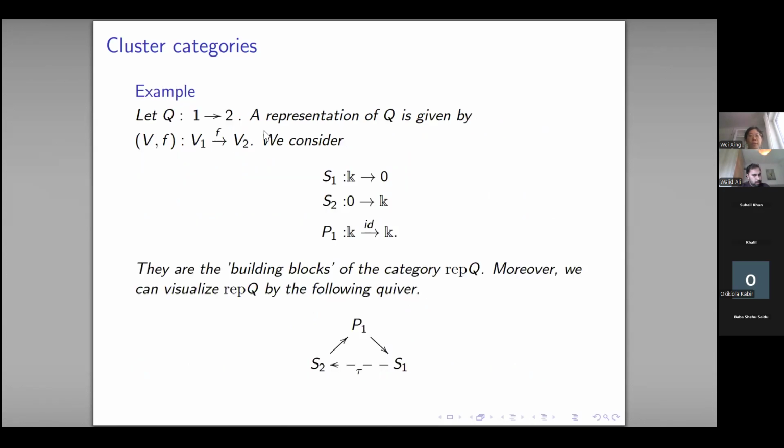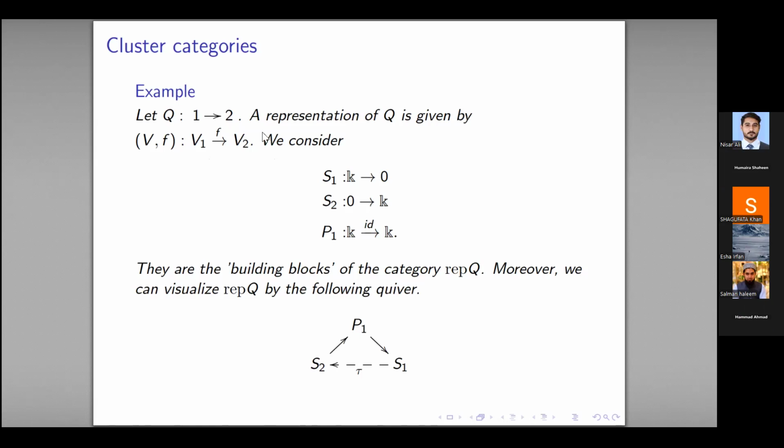So let's look at an example again. We take our A2 quiver as before. Then a representation of Q is given by two vector spaces, V1 and V2, and a linear map between them that goes from V1 to V2. So all such configurations would give us all the representations of a quiver Q.